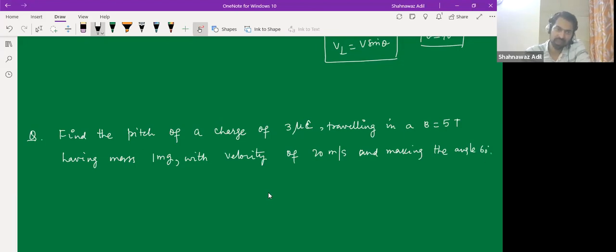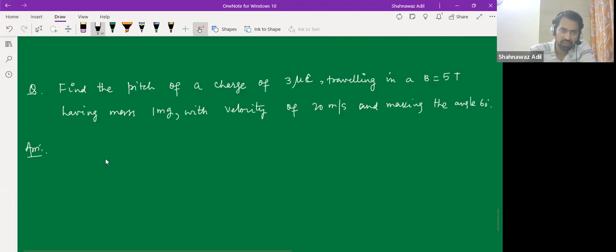You guys find out, calculate the pitch and tell. You have Q, which is 3 microcoulomb.